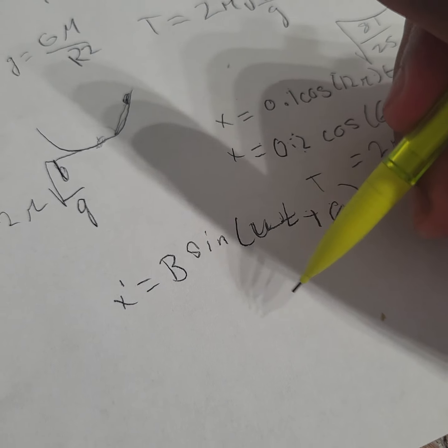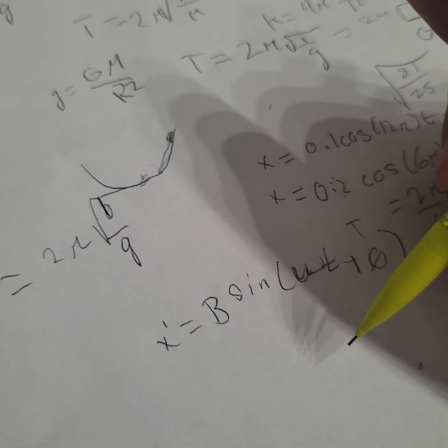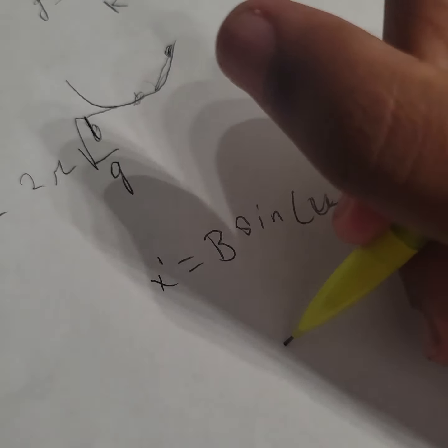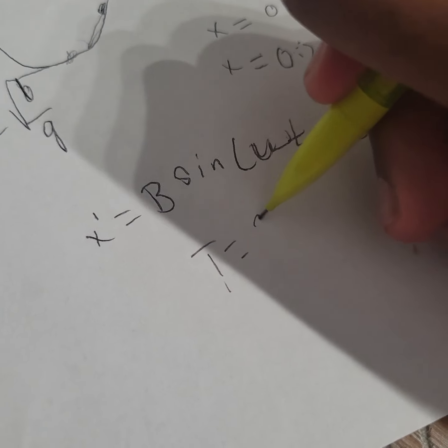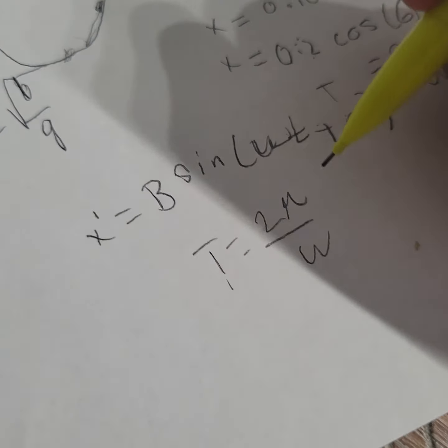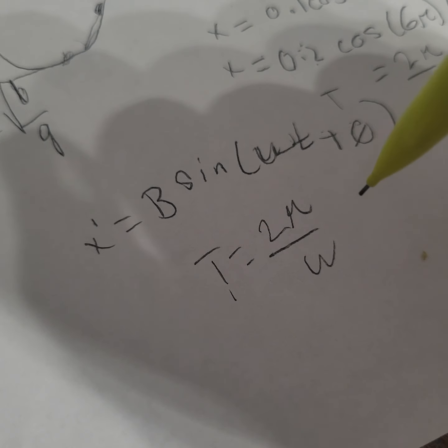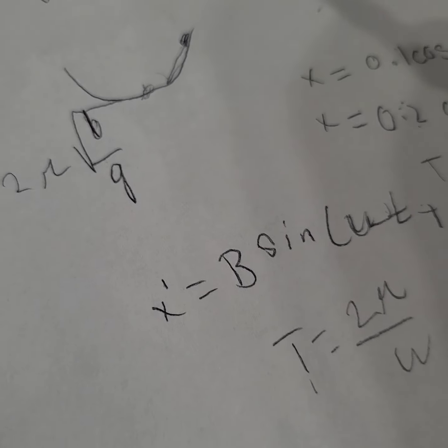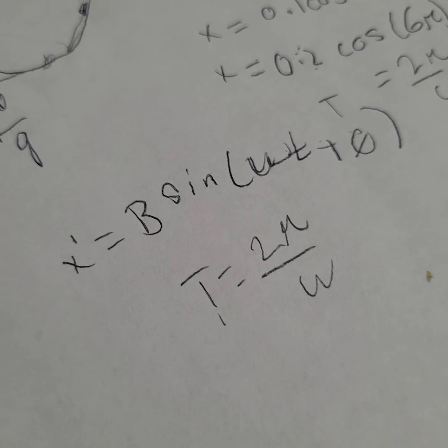So what you would do for this is it gives you that omega is equal to 4. So all you have to do is use the equation T equals 2 pi over omega. And when you do this, that's just going to be 1/2 pi, which is 1.6 here.